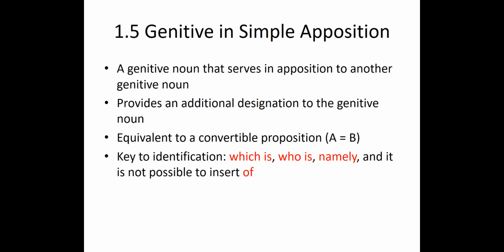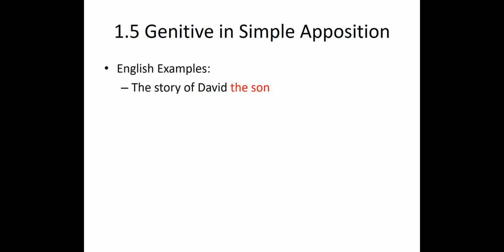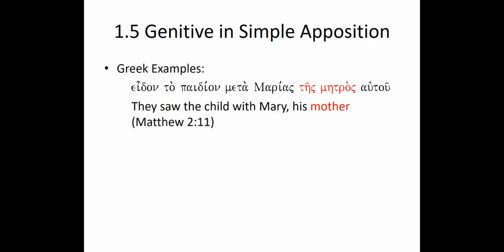See if you can add which is, who is, namely, but you couldn't add of. The story of David the son, the gospel of Paul the apostle. These would be simple apposition. Eidon to paidion meta Marias tes metros autou. They saw the child with Mary, his mother.